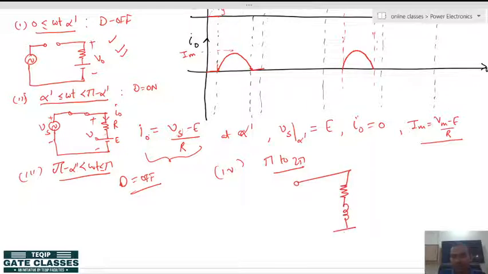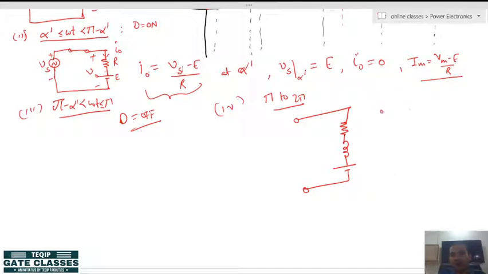Whether you have got an RLE type load or whether you have got an RE type load, you have observed that whenever the current is allowed to flow in this load branch, at that time the output voltage is not having any effect of E, because this load branch is directly connected in parallel with the source.